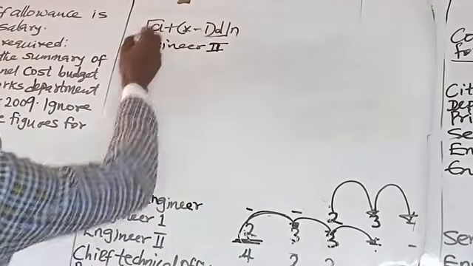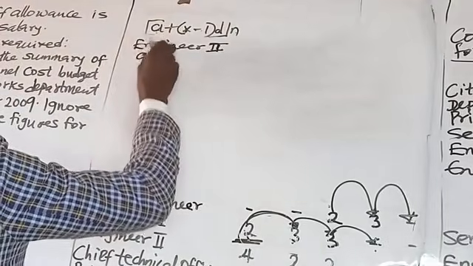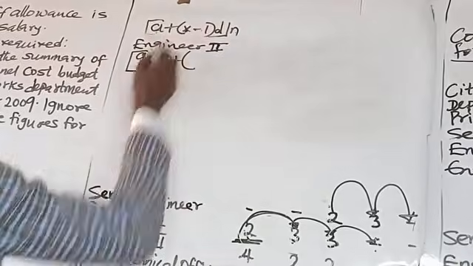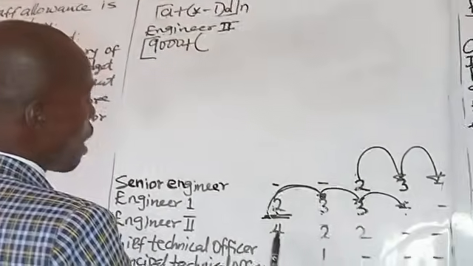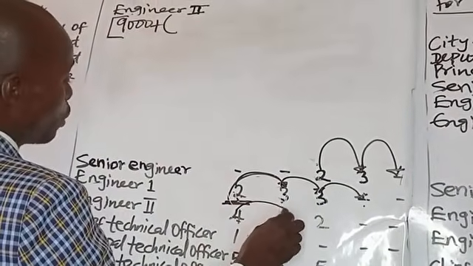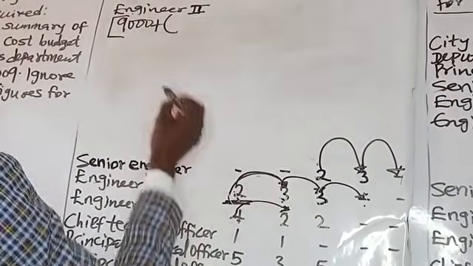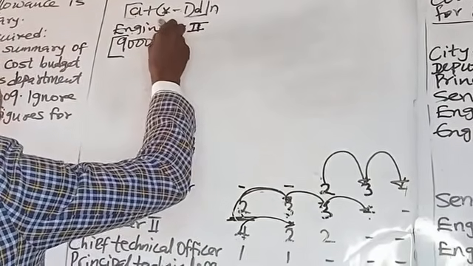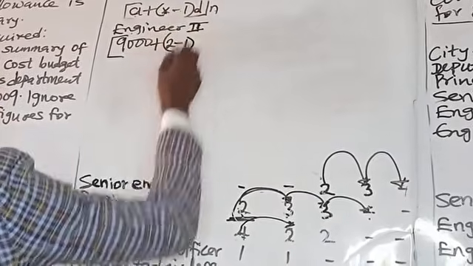So the basic pay is 9,000. That means the value of A is 9,000 plus their salary step. For Engineer 2, 4 were in step 1 before. Those 4 people are now moving from step 1 to step 2. Now let's calculate for the 4 people who are now moving to step 2. They are now in step 2, minus 1 into increment.